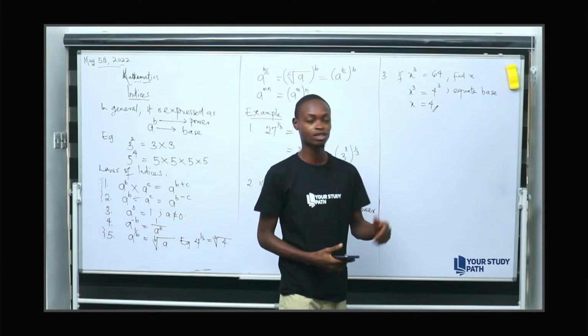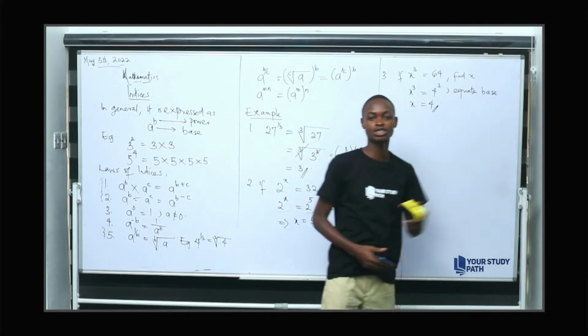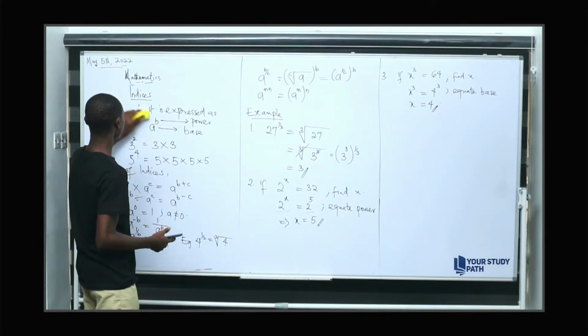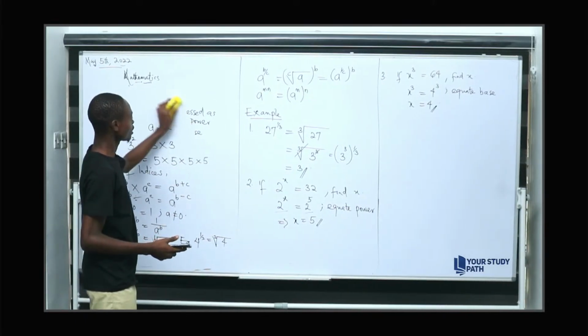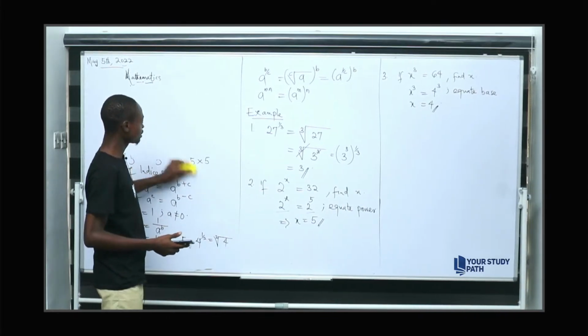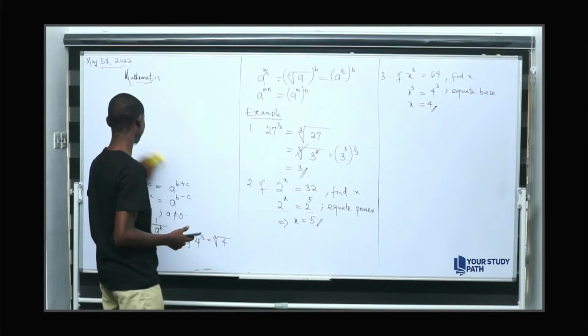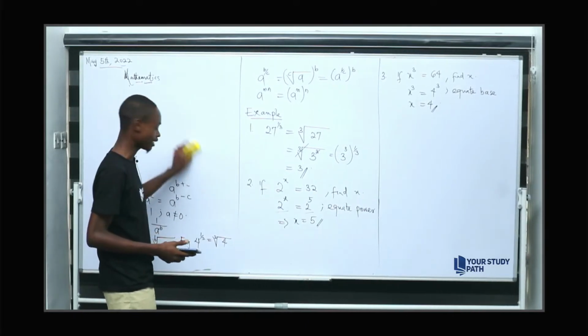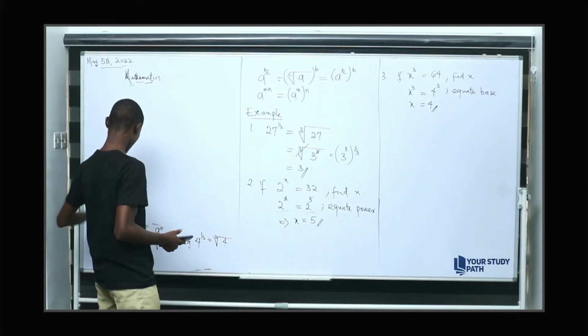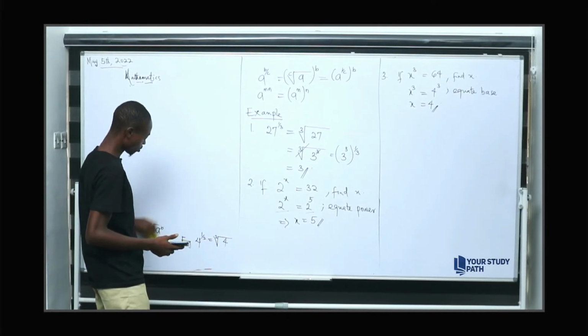Now let's quickly rush through the next concept, which is the concept of logarithms. As our knowledge from O level teaches us, indices and logarithms have always been treated as pairs. We have always considered indices as more like a twin brother to the concept of logarithms.